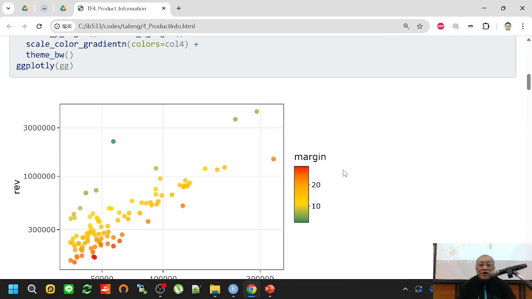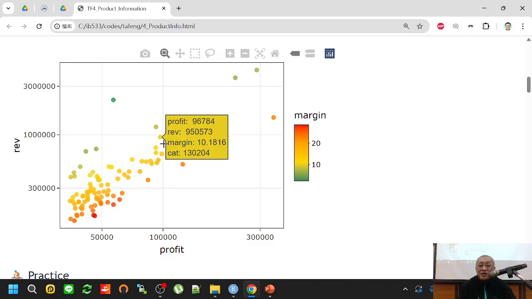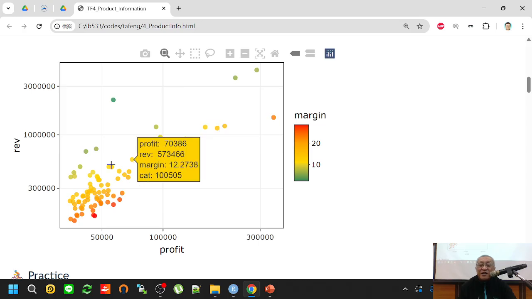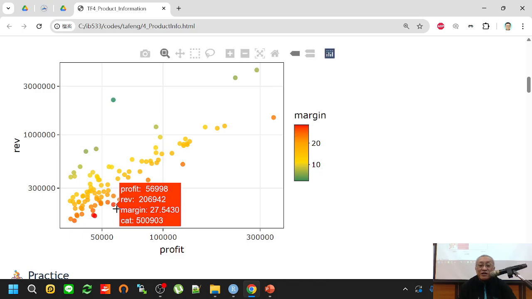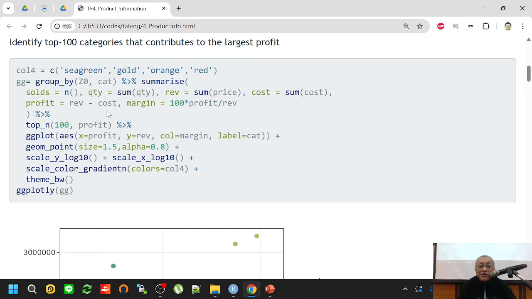Okay, so in this plot, every point is a product category, right? And the x coordinate and y coordinate are the profit and revenue, right?